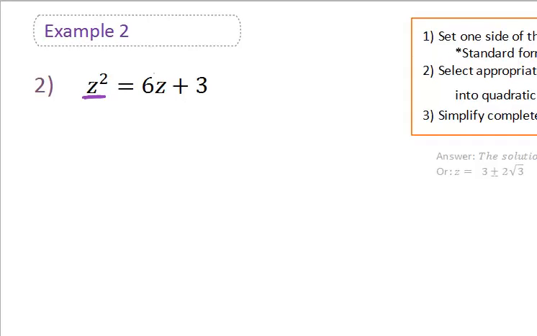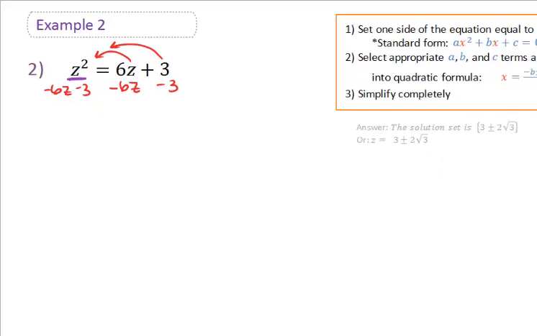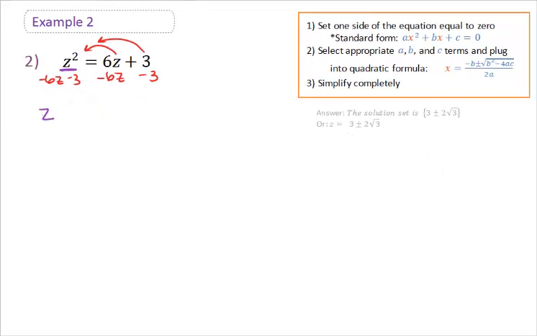So in my example, I'm going to move everybody else to the left. It might seem like it's more work because I have to move more pieces, but it's really not. It all just takes up one line on your paper. So I have z squared minus 6z minus 3 equal to 0.